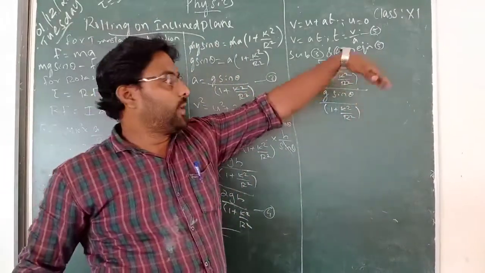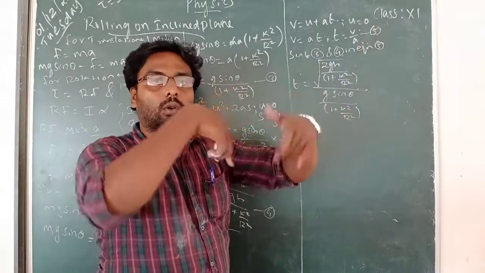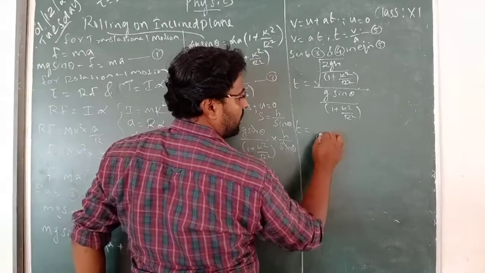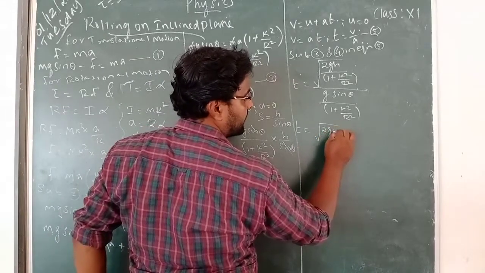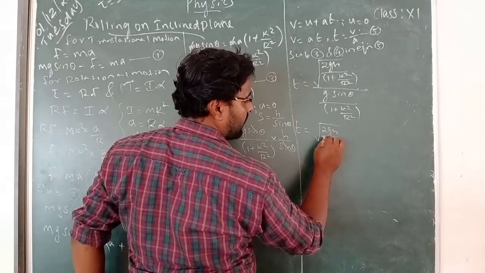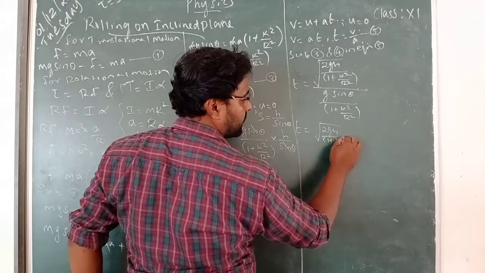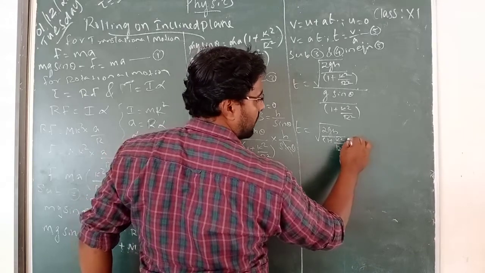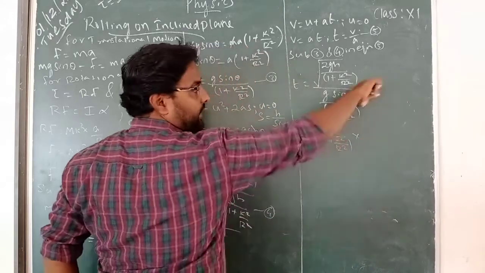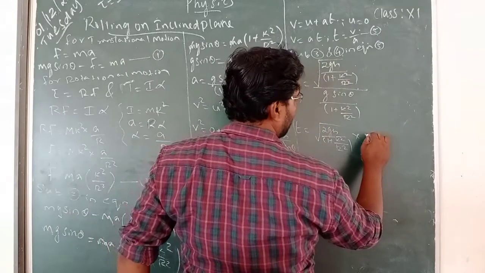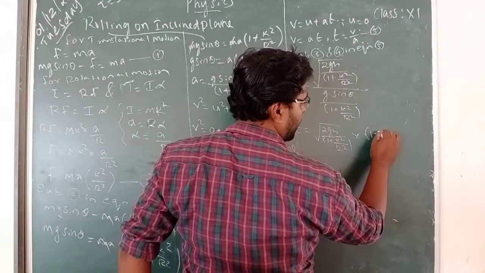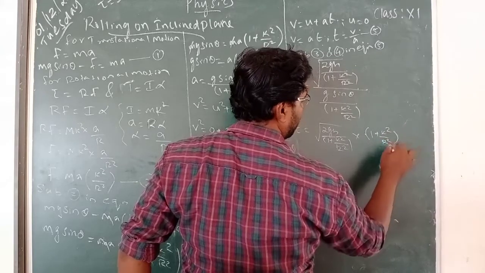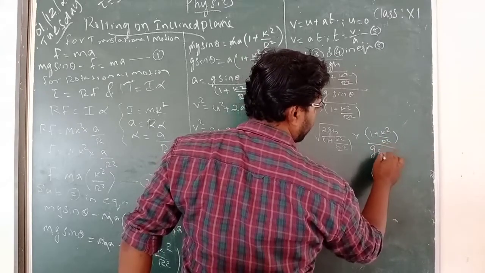Now take this denominator part upside down. So it becomes root of 2gh divided by 1 plus k square by r square, into 1 plus k square by r square divided by g sin theta.